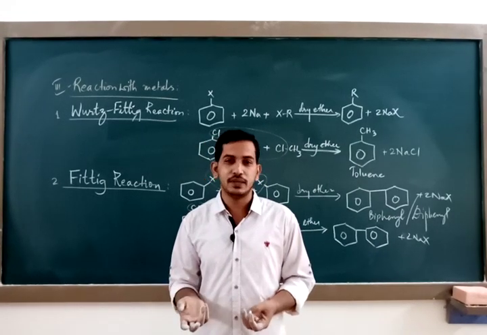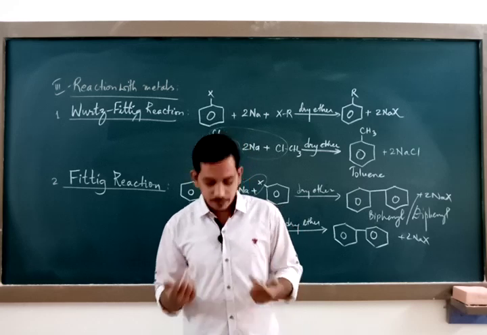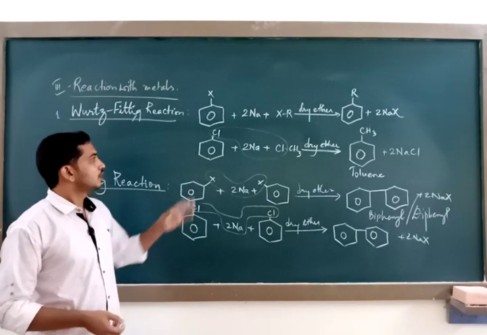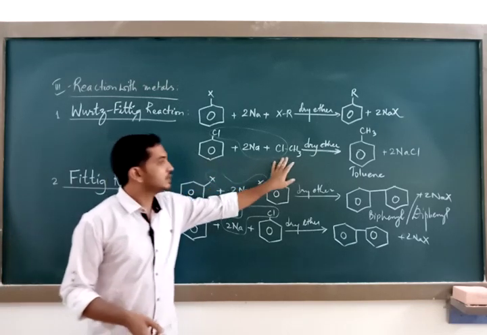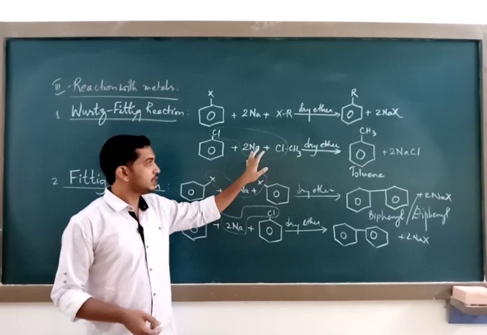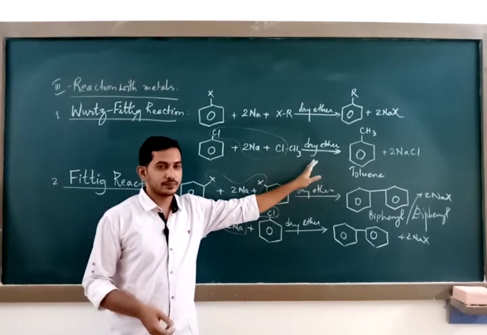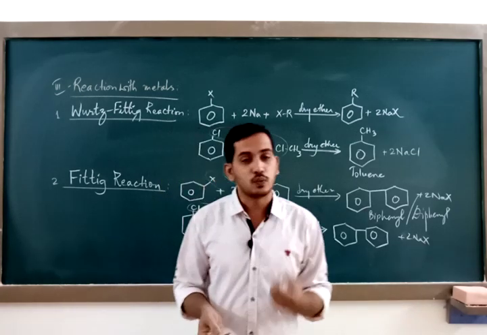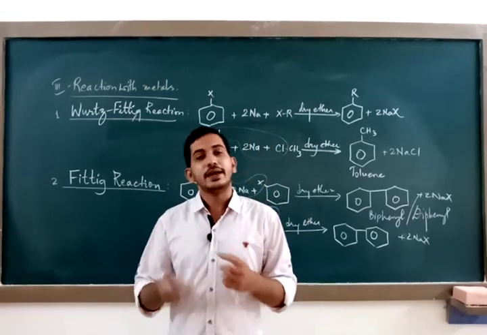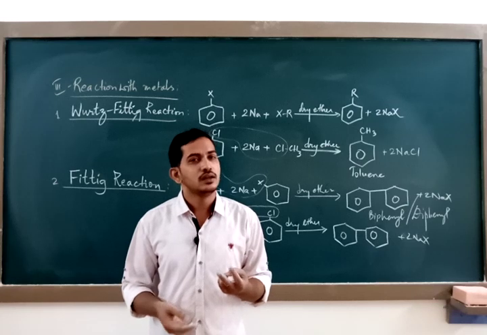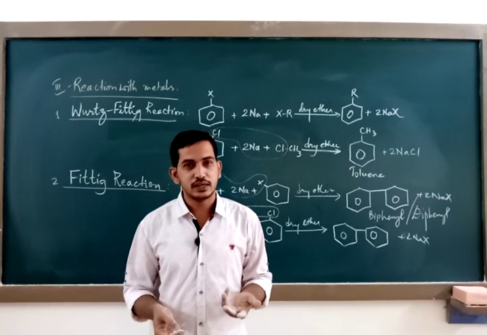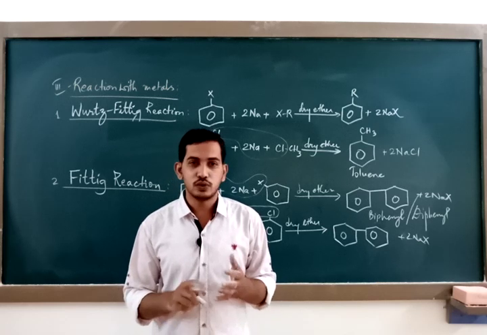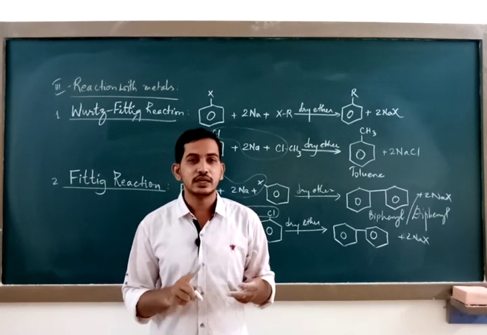A 3 marks question can be in this way, or else you will be given in the form of a statement like, chlorobenzene and methyl chloride react with sodium metal in the presence of dry ether. What is the likely product to be formed? 1 mark. Write the reaction, 2nd mark. Name the reaction, 3 marks. Understood? So all the 3 questions are important from exam point of view. They are Wurtz reaction, Wurtz-Fittig reaction and Fittig reaction.